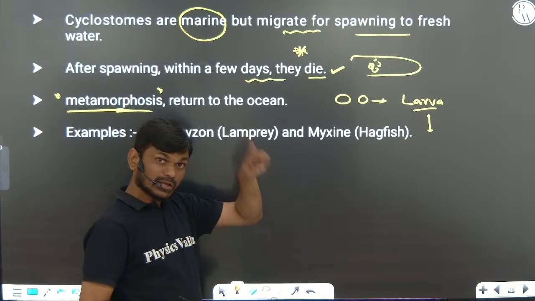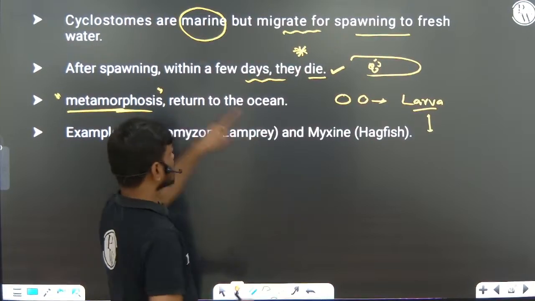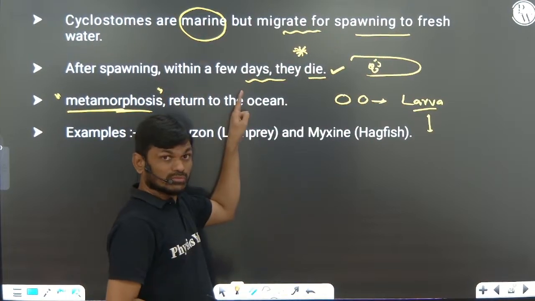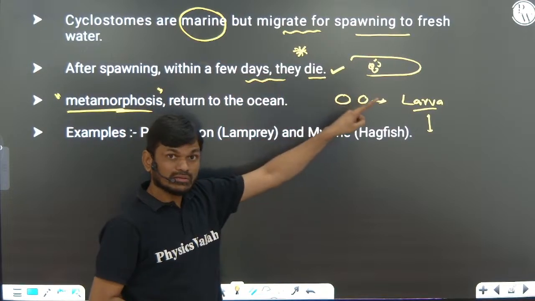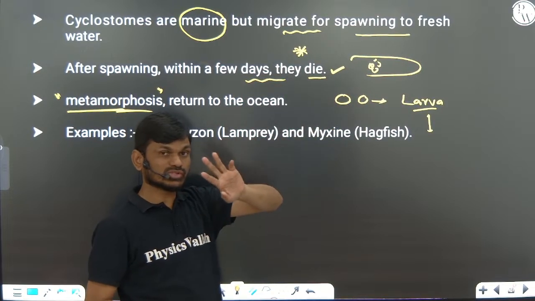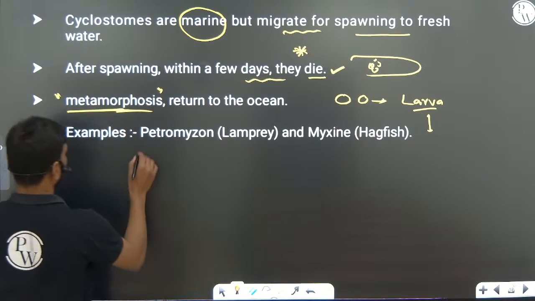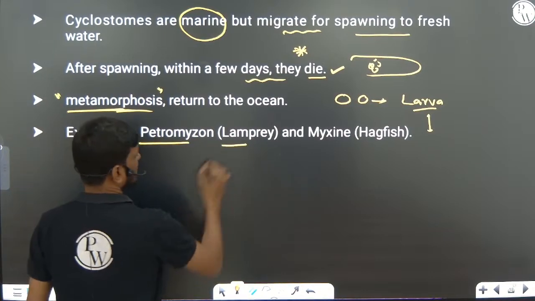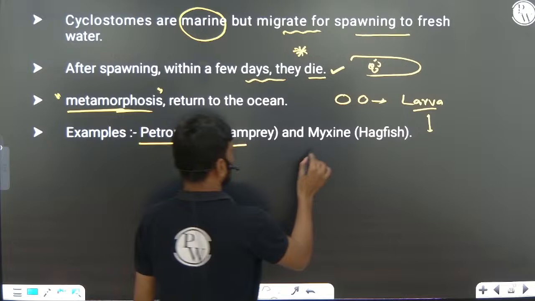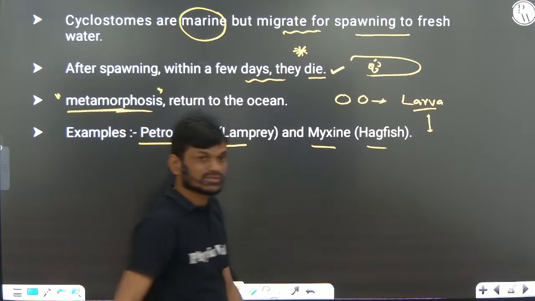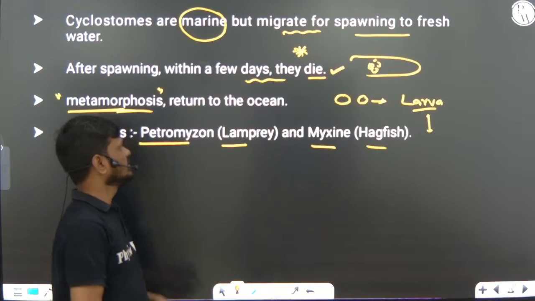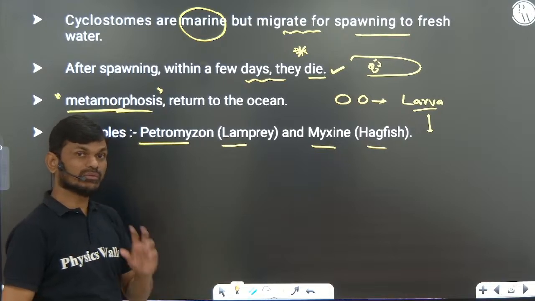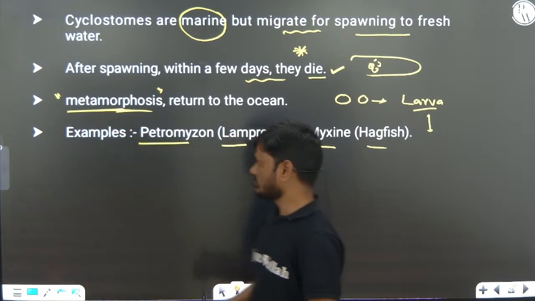After metamorphosis, it migrates to the marine water. Very important question. Examples: Petromyzon, commonly known as lamprey, and Myxine, hagfish. Examples are very important, you should remember.